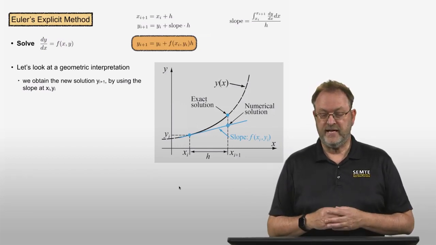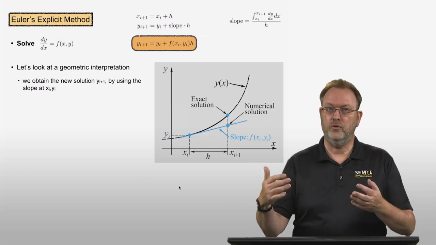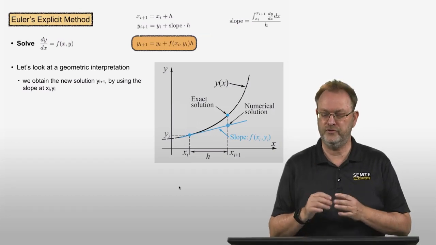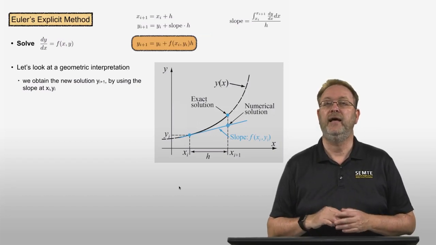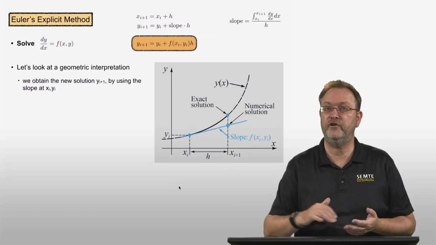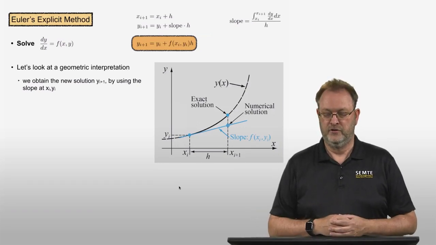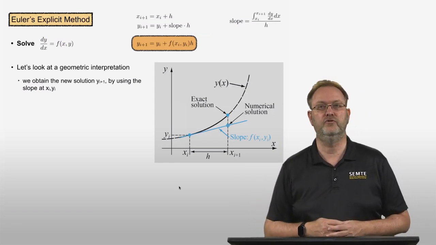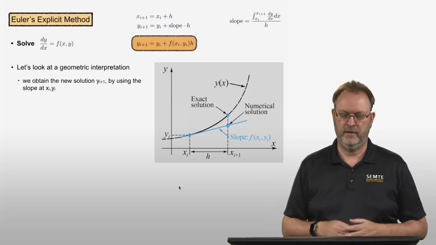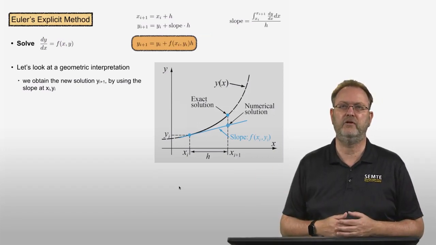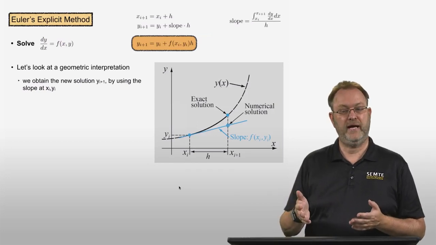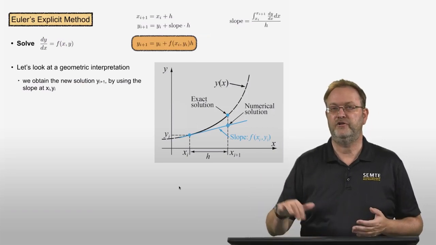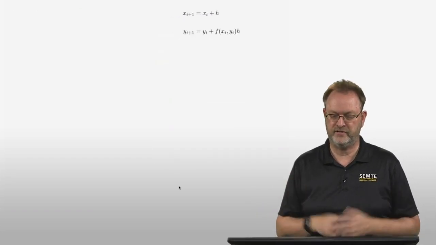What this formula tells us is that we are going to use as the slope at the grid point x_i, y_i, the slope of that blue line here, as an approximation to the average slope on this interval. So if we follow this straight line of that slope for a distance of h, we will find the new solution variable y_i plus 1. Which obviously has an error because the slope at the currently known value x_i, y_i is not equal to the average slope over this interval, but it's an approximation.